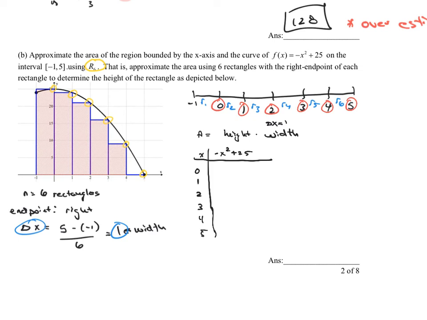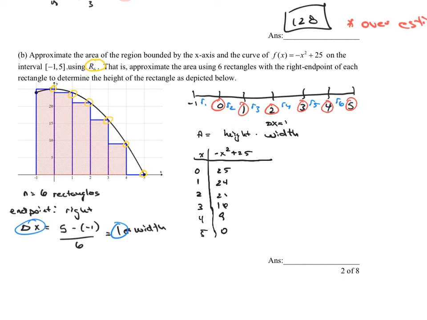So I'm going to plug in 0, I got 25, plug in 1, I got 24, plug in 2, I got 21, continue on, plug in 3, I got 16, plug in 4, I got 9, plug in 5, I got 0.